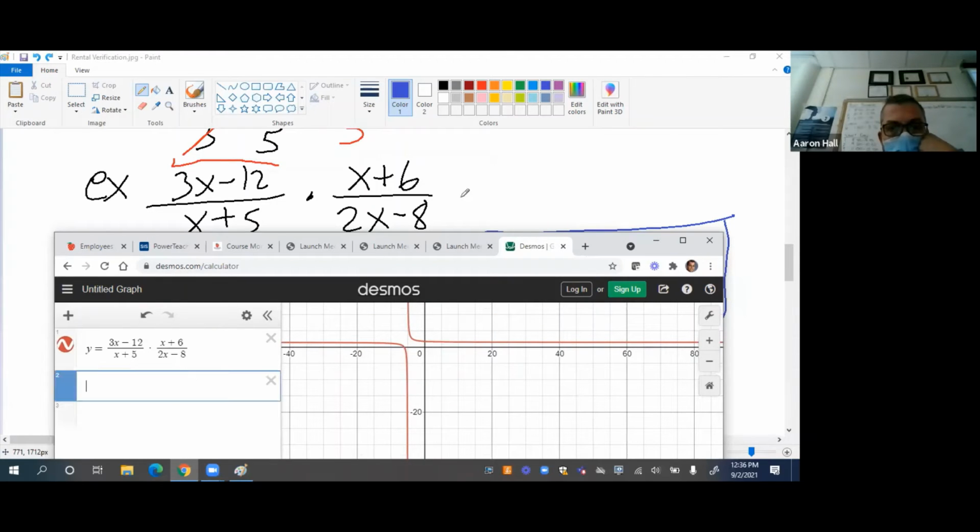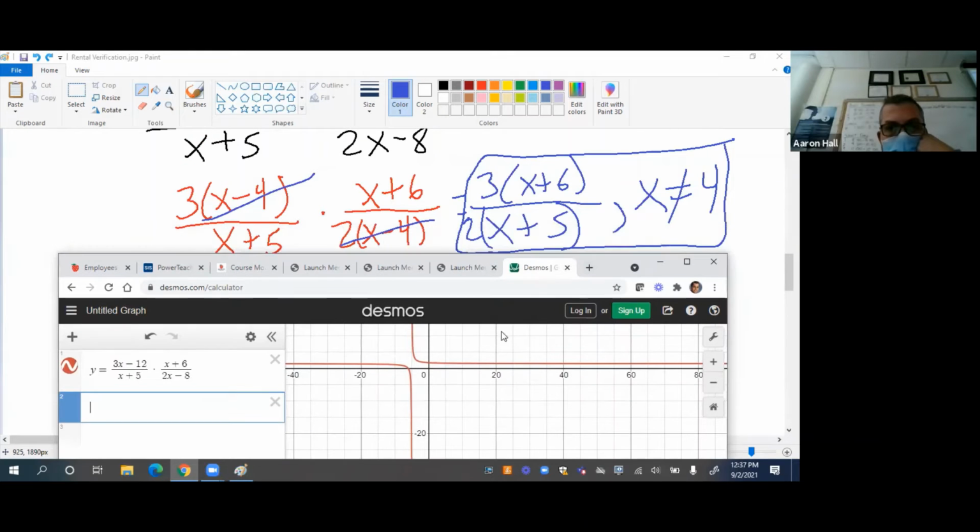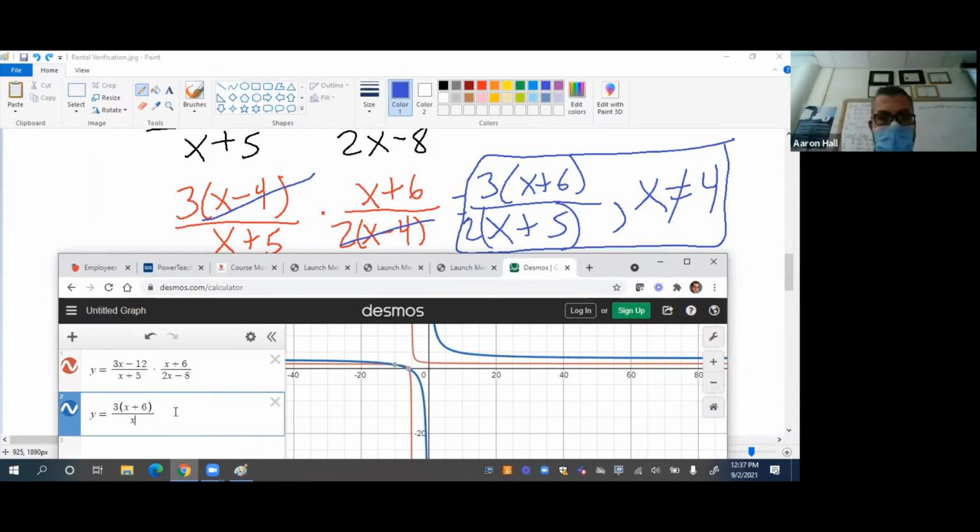And now I'm going to type in my next one. Y equals, and again, placeholders. And then I have this 3 and then parentheses x plus 6 in parentheses over 2 times x plus 5.